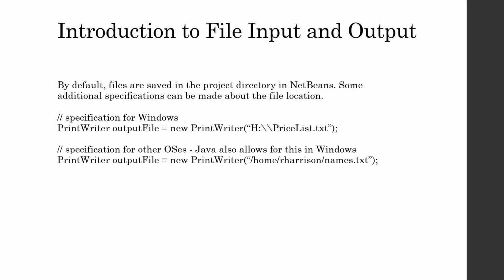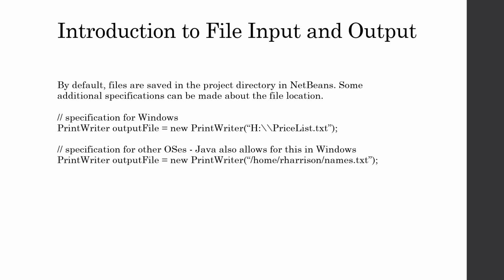In this particular case, because a Windows file path uses backslashes, and a backslash is the escape character for strings in Java, you cannot put just a single backslash character. Instead, you have to put two of them to indicate that it's going to be a literal backslash. If this seems a little bit messy, one of the things to note is that Java does allow you to just use forward slashes in Windows.